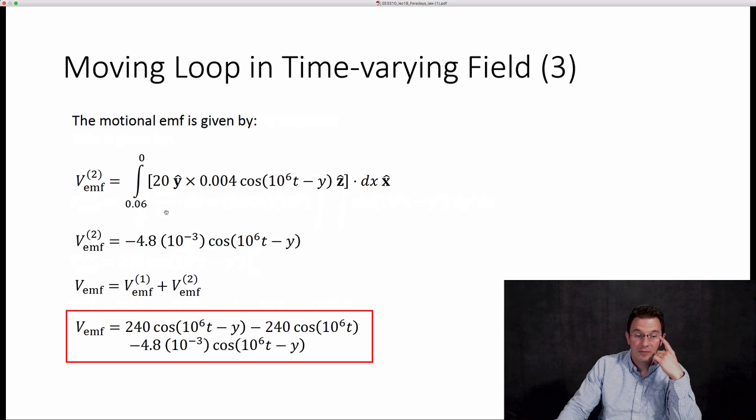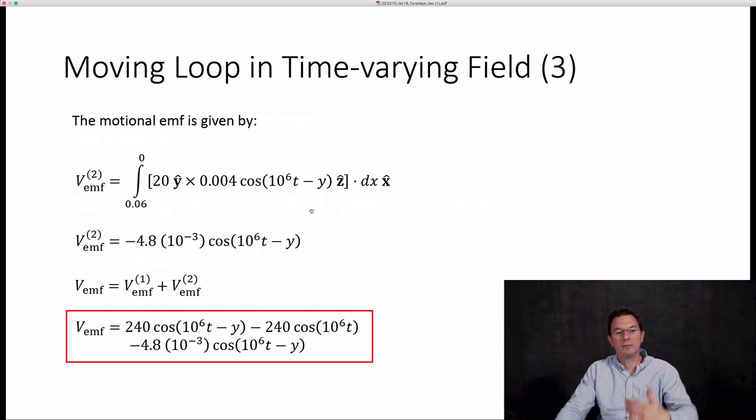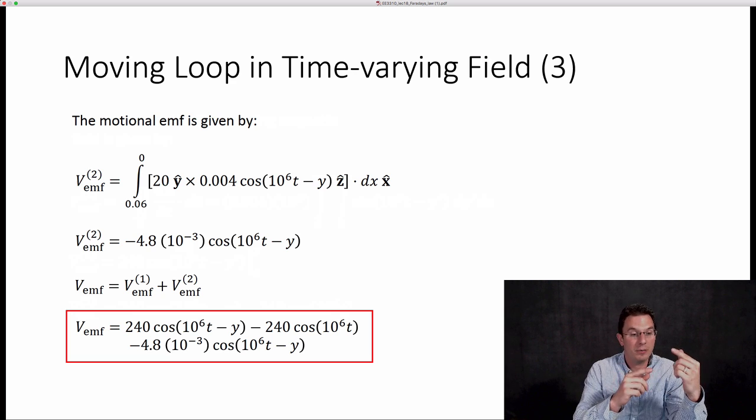The other EMF, the time-varying EMF, is on the order of 240 volts. So, again, you've got several orders of magnitude difference. But nonetheless, the point being, the time-varying B field causes an EMF, and the motion of the loop also causes an EMF. And the total EMF is simply the sum of the two.